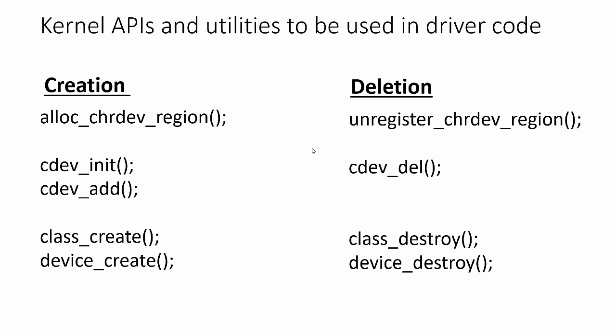After that, you can use cdev_del to delete the registration. That will free some memory. class_destroy and device_destroy will delete your device files. That's why all these deletion things we are going to do in the module cleanup function, because these should be executed whenever you remove the module.